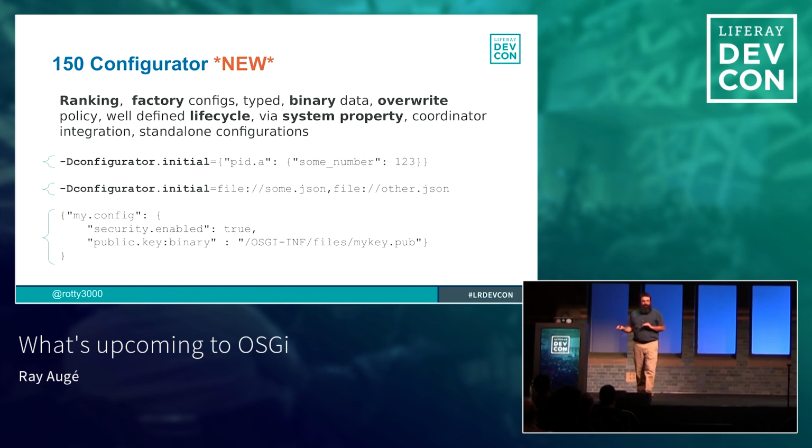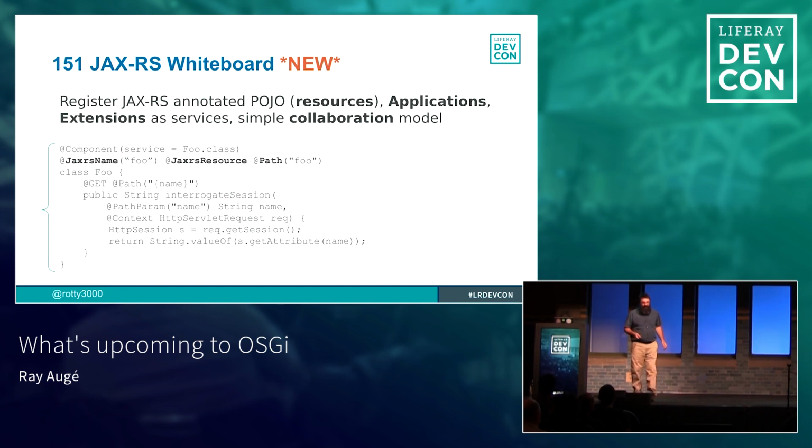That's really, really nice for CI and for deploying to the cloud, where you have different configurations than what you might have on a test machine. And here's an example. You can put binary information in these resources, or you can point to binary information. So all of your keys, your public-private keys, can be there. All of that stuff. It's really nice.